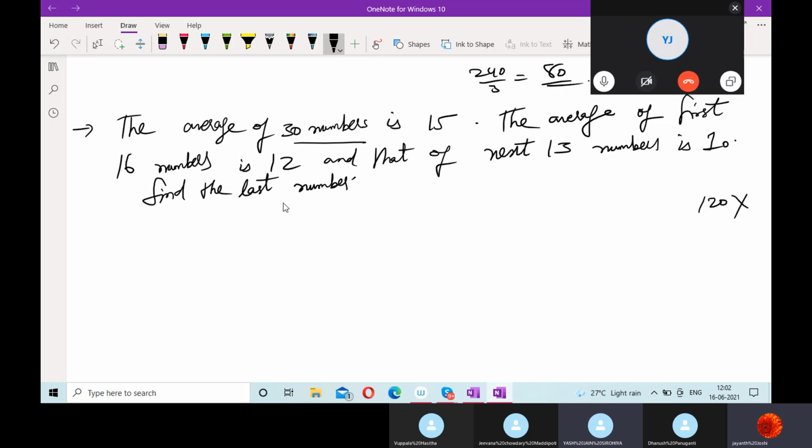Average of 30 numbers is 15. So N is equal to 30. So average is equal to sum by number of terms.